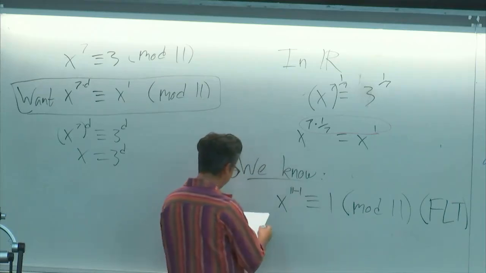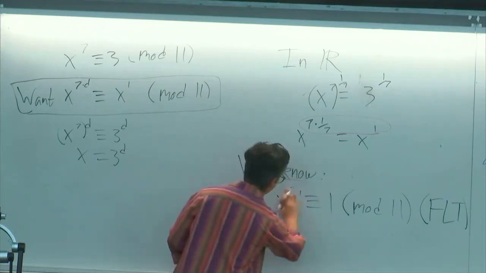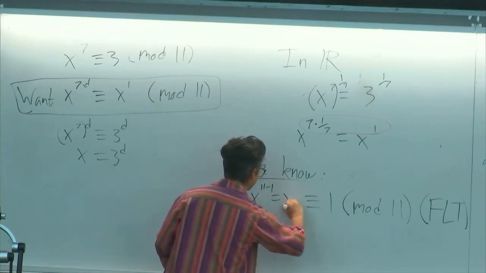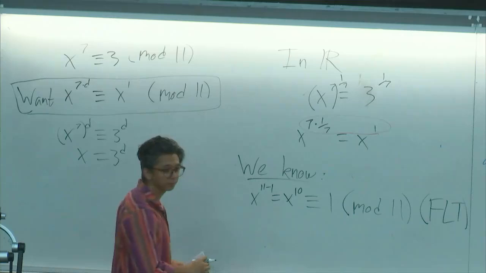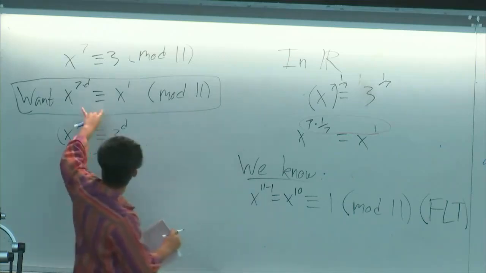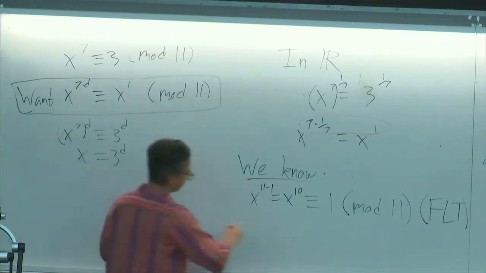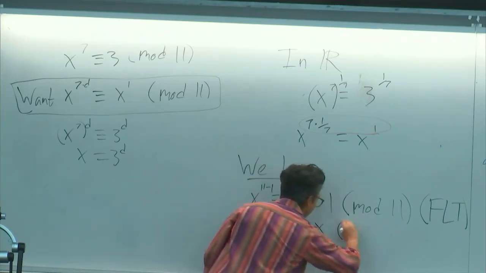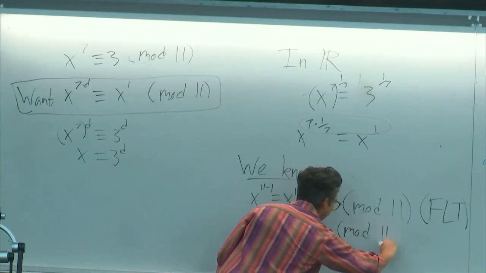It tells us, well, x to the 10 is 1. I'll just write this out a little bit more. X to the 11 minus 1 is equal to x to the 10. So if what we're trying to get is something like this, we know that x to the 11 is congruent to x mod 11. Right.